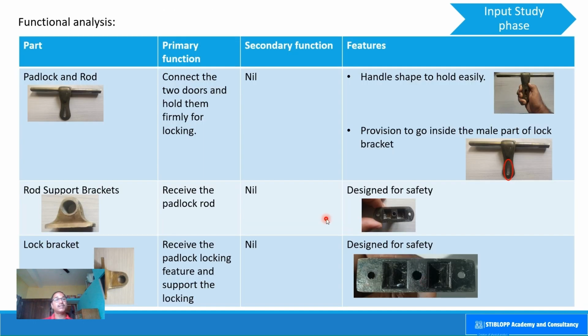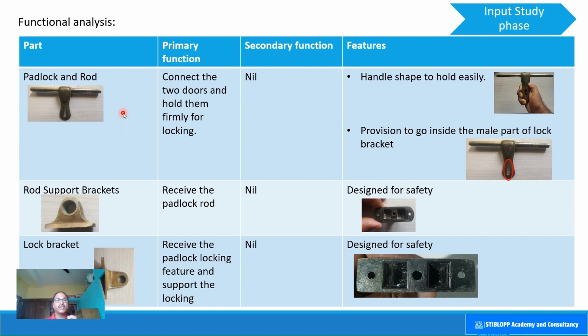The next step in the input study phase is the functional analysis. Why should we do the functional analysis? This is a very important step because we have to understand the function of each and every part that makes up the complete function of that particular item. Okay.